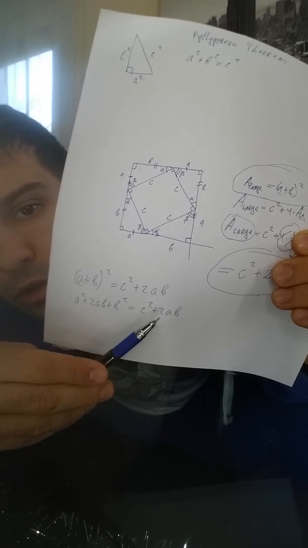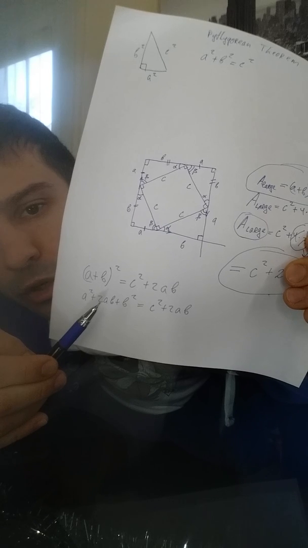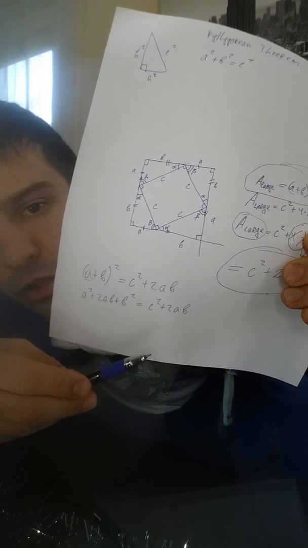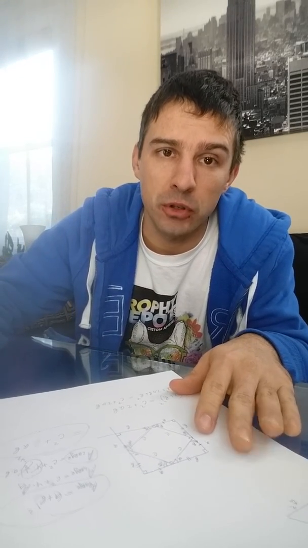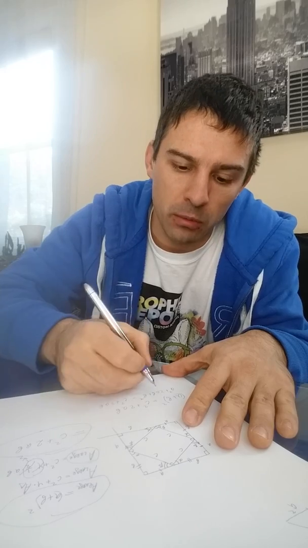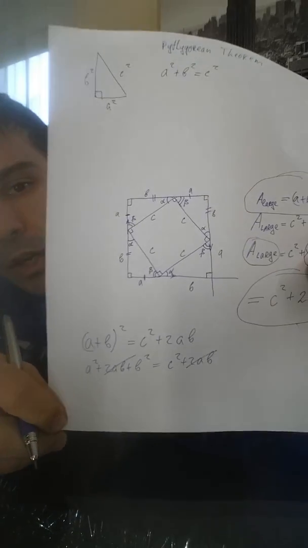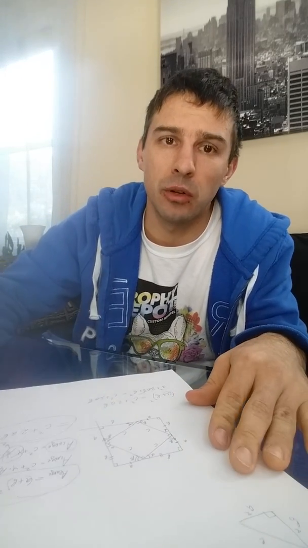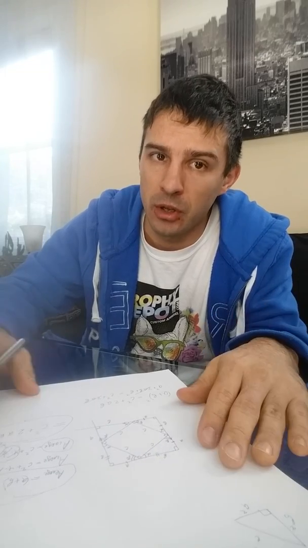We have 2ab on this side and 2ab on this side of the equation, so we can subtract 2ab from both sides, or cancel it out, whatever proper term you prefer. I just strike through it. You can do it properly and write minus 2ab on the side, however your teacher prefers.